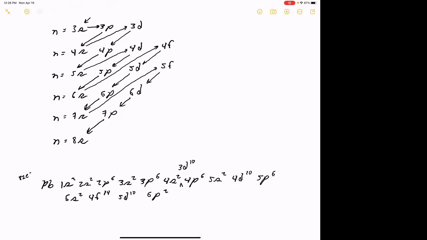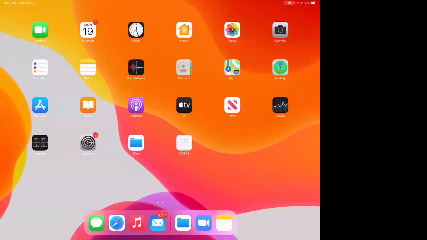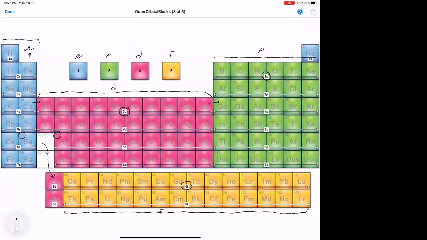But let me show you what the core configuration would look like, and we could do it as a core orbital diagram. How would I do that? Let me jump back to my periodic table real quick and find lead. Here it is, element 82.